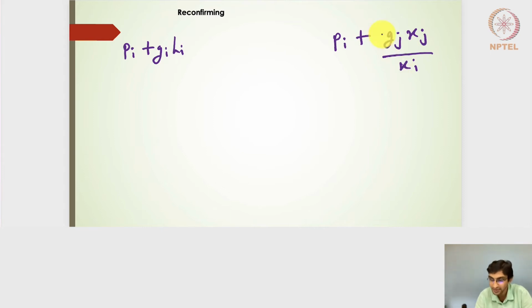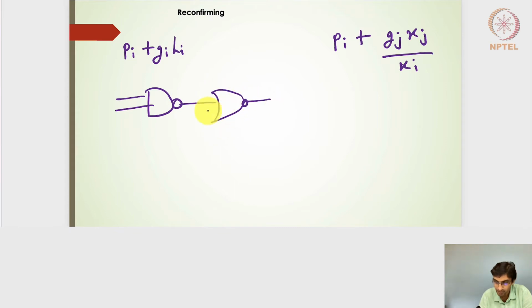If I have only one branch, I can take out this summation term; if I have multiple branches, the summation term should be there. Now let's take a very simple example. Let's say I have a NAND gate and a 2-input NOR gate. I can have multiple of them, but just for a simple example, let's consider this.